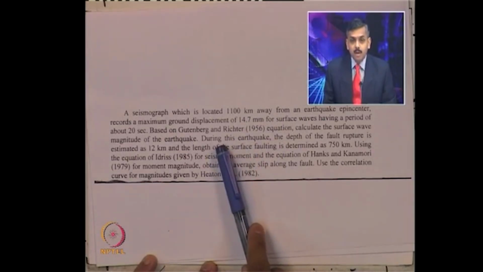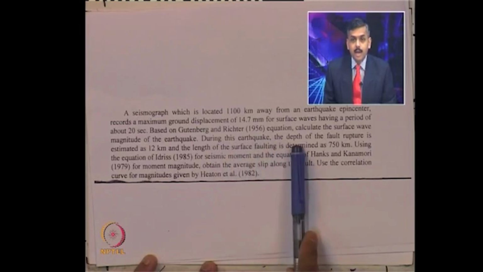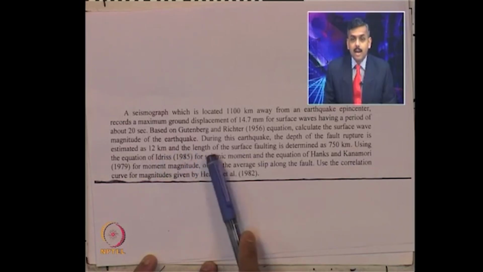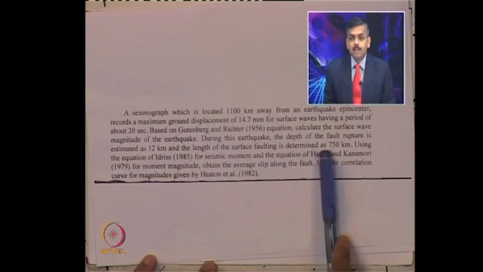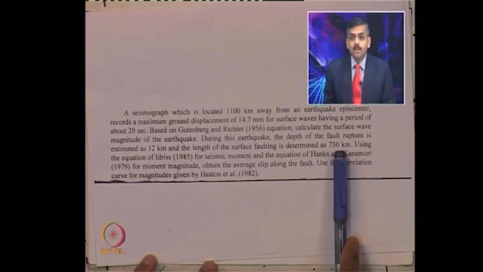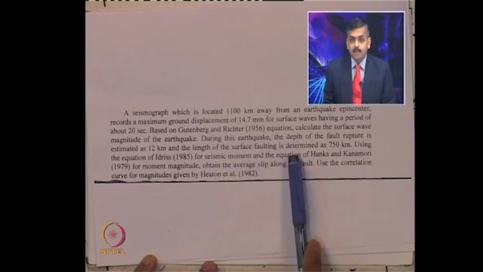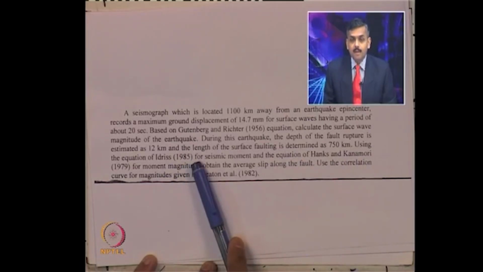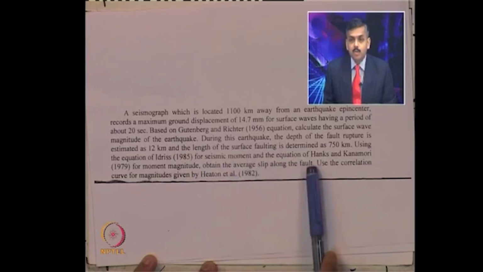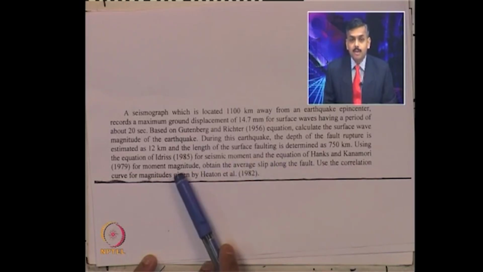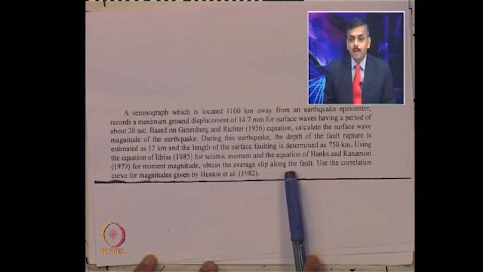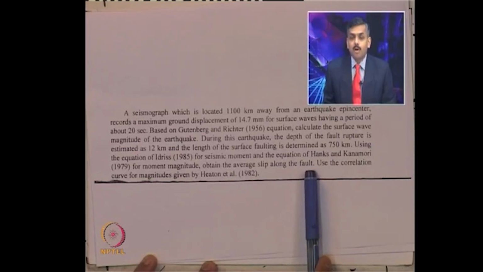Now, what is the next part? It says during this earthquake, the depth of the fault rupture is estimated as 12 kilometer, and length of the surface faulting is determined as 750 kilometers. So, these are the fault dimensions after the earthquake which are measured, length and surface faulting. Using the equation of Idris 1985 for seismic moment and the equation of Hanks and Kanamori of 1979 for moment magnitude, obtain the average amount of slip by which the fault has moved.